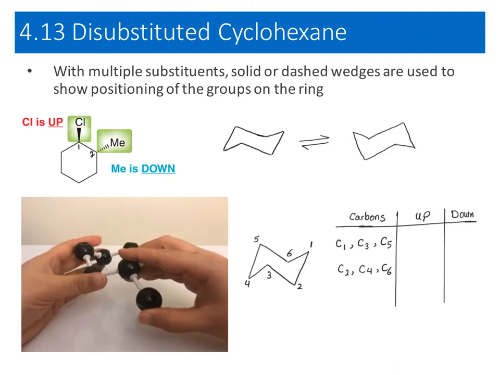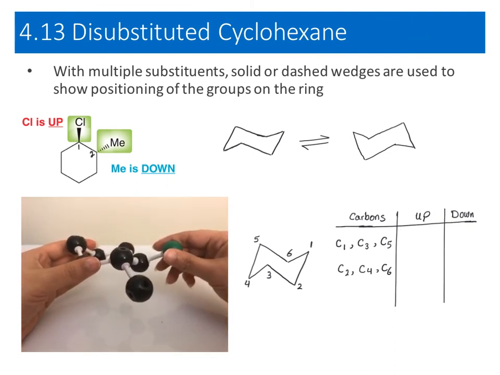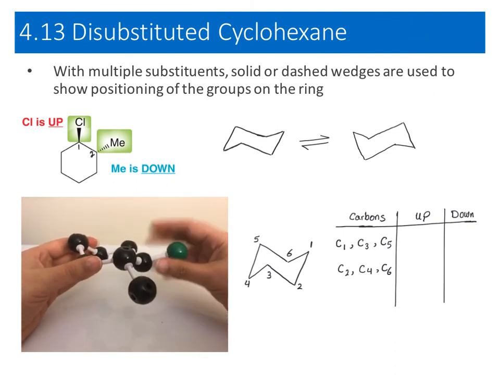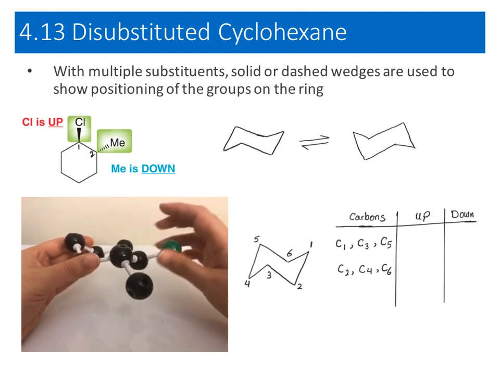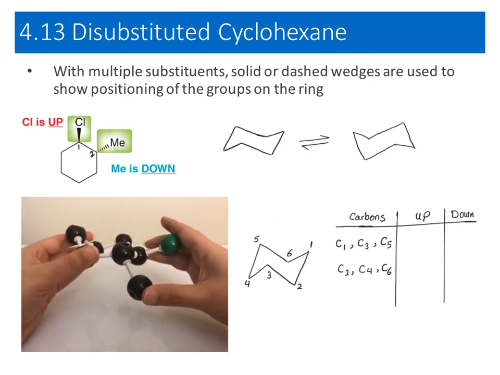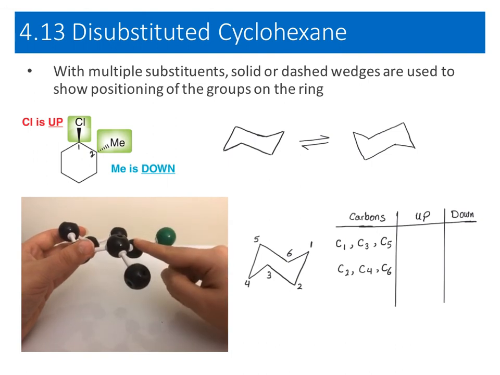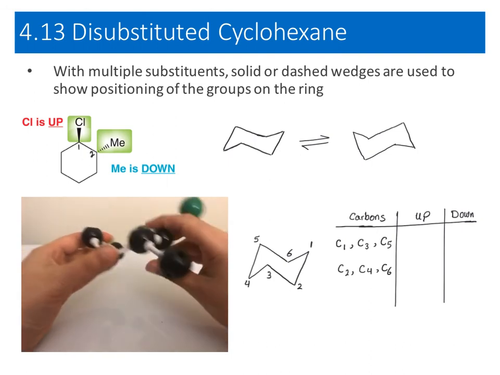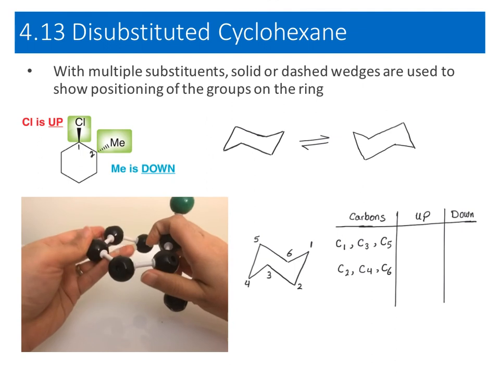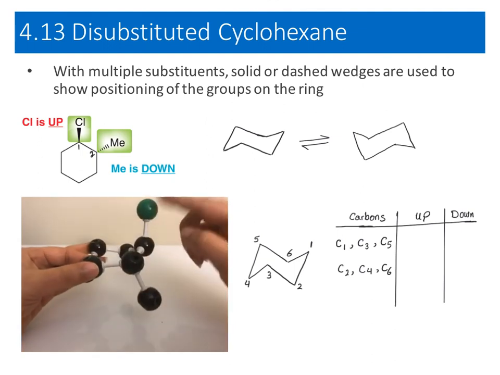So chlorine is up and it can be axial or equatorial. So in this conformation, chlorine is in the equatorial position, and in the other conformation, chlorine was in the axial position.